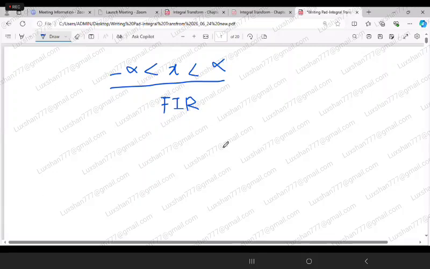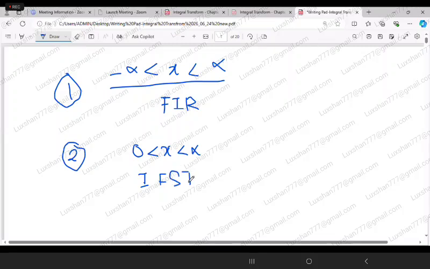You all know this one. This is the first one. Second one, if the range is x between 0 and plus infinity, then we have two options. One is the Fourier sine integral representation.